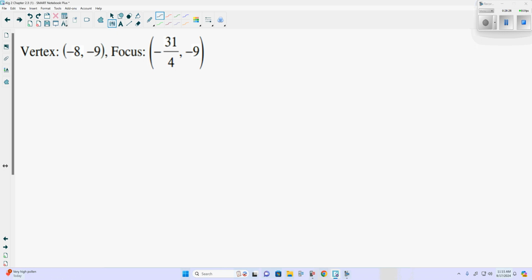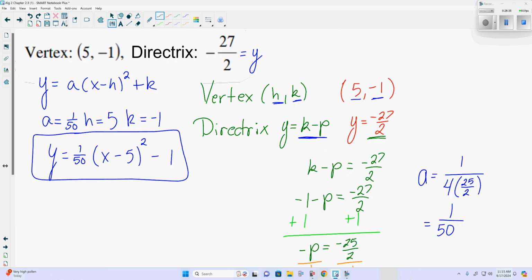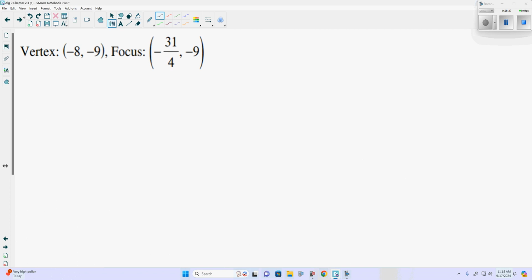And if we look at the general forms, when the first value changes, we're looking at x equals a times y minus k squared plus h. And again, we need to find the values of a, h, and k.